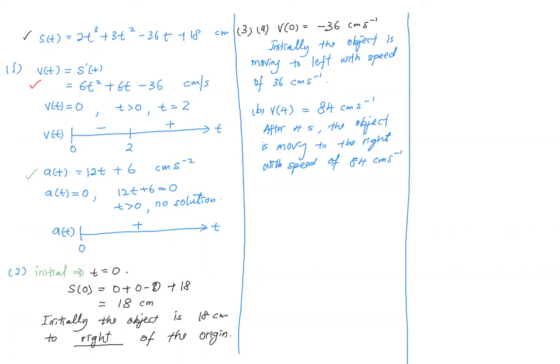Okay, part 4. Find the time and the position when the object reverses direction. So you see the words reverse direction. Okay, so this is the keyword. You always start from the information given at the back of the question.